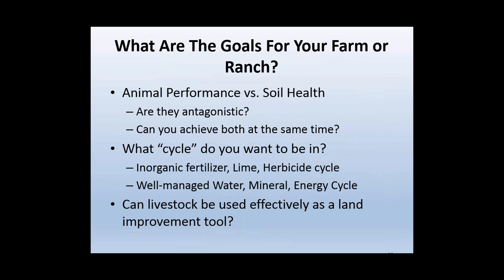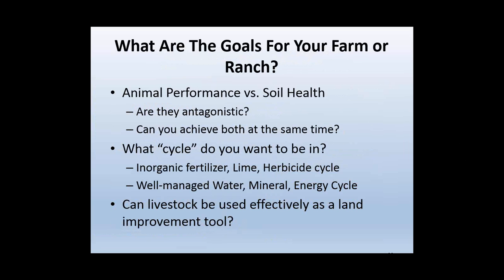And I'm going to present some data this morning that I think shows that we absolutely can achieve both at the same time. The other thing that we have to ask is, what cycle do you want to be in? Do you want to be in a cycle where you are using and relying on a lot of inorganic fertilizer, lime, herbicide for weed control, and these types of things?